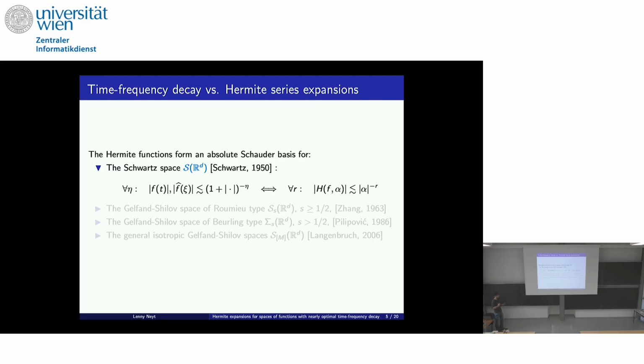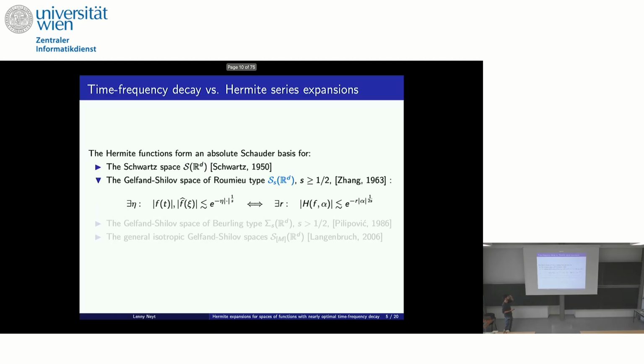And then further, of course, if we try to specify more the time frequency decay, as Gelfand and Shilov did in their work, because this can be useful looking at, for instance, certain PDEs when you have more regularized and more ultra-differentiable types of functions.